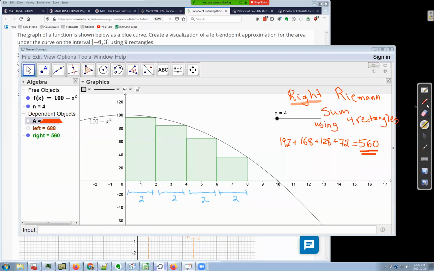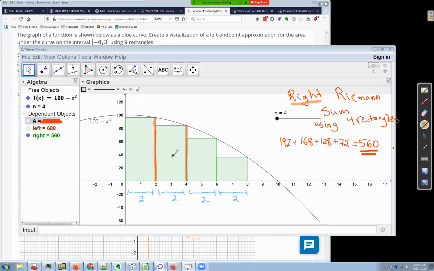Well, the reason for that was because remember how we determined the heights of the rectangles, and I kept saying the wrong word. The idea was that the height of the rectangle was always determined by the right-hand side of the rectangle. So the height of the first rectangle you got by plugging the right endpoint into the function.